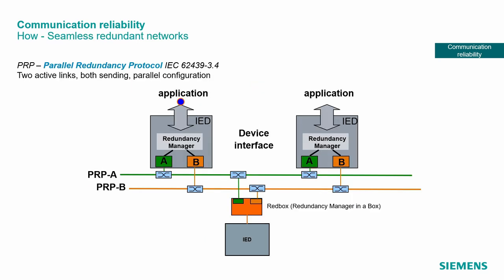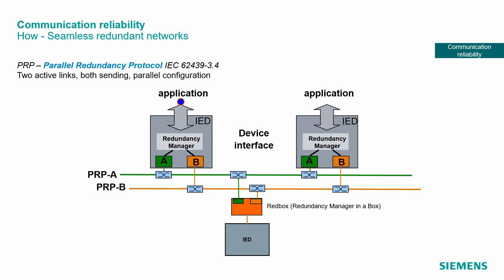So let's see how they work. For the parallel redundancy protocol, every device has two connections to independent networks, the PRP-A and the PRP-B, and all messages are duplicated.